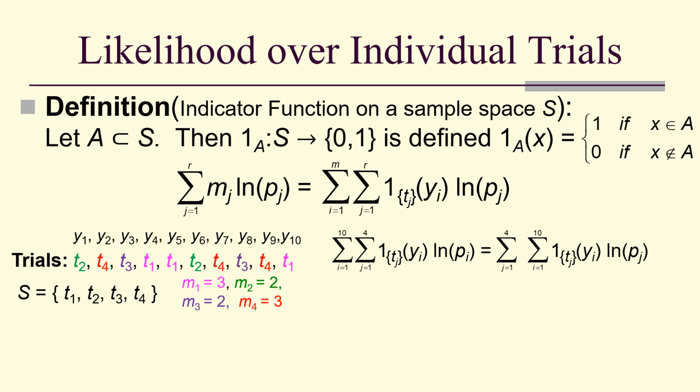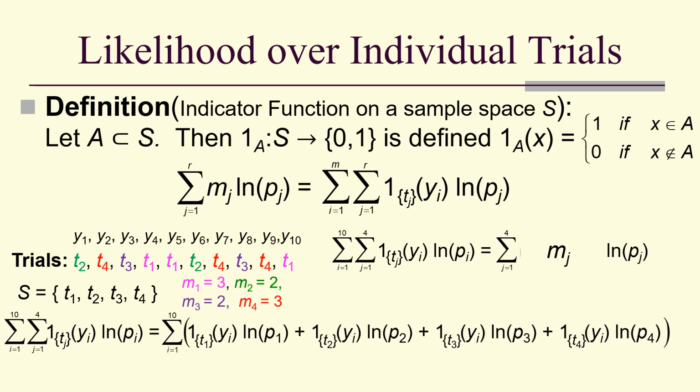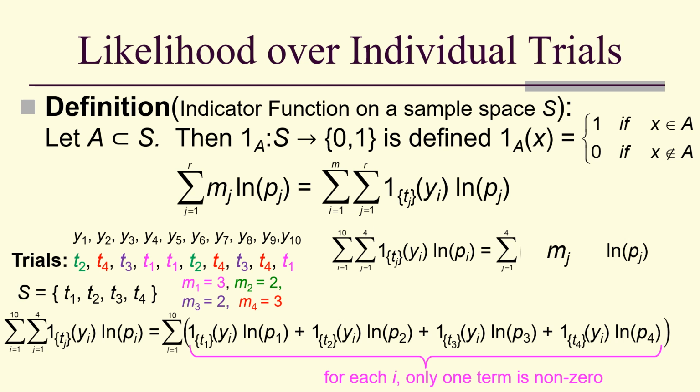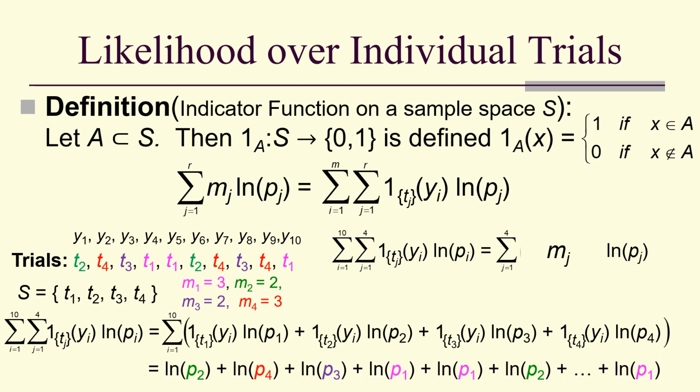So when I look at this double sum, I can switch the order of the summation, and then I will get exactly m sub j and be summing j equals 1 to 4 over the outcomes of S. If we look at this for our example, notice we have for each i, only one term is non-zero because you only get one outcome per trial, and then you get something like that.